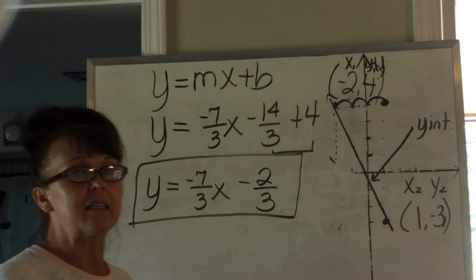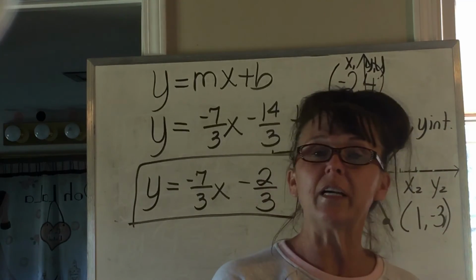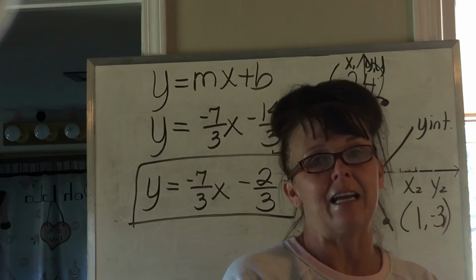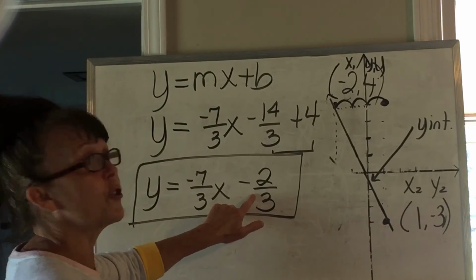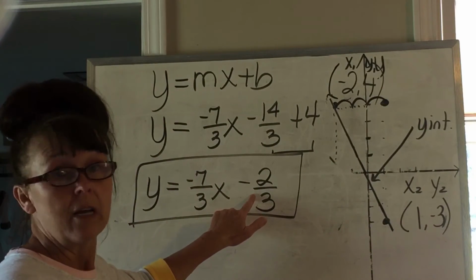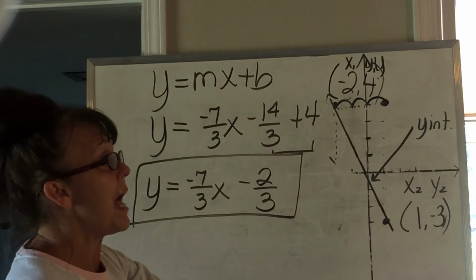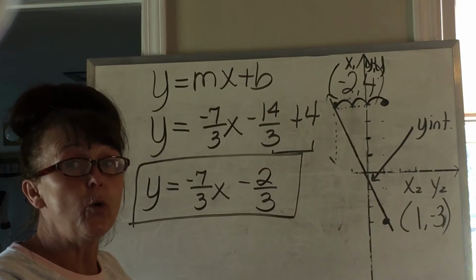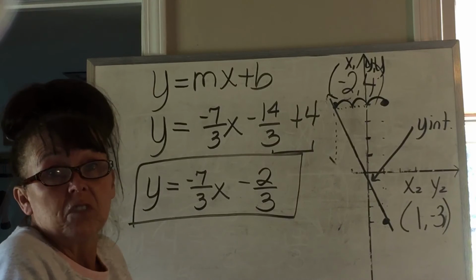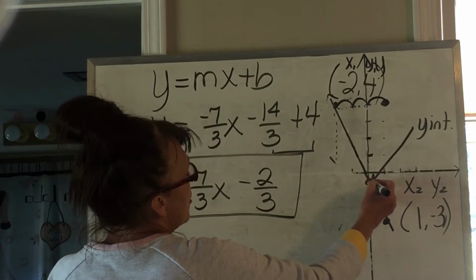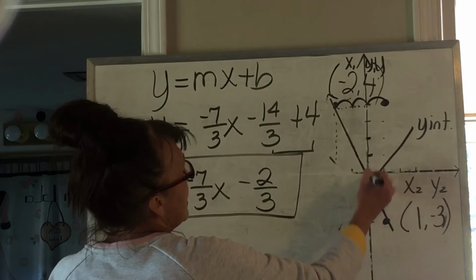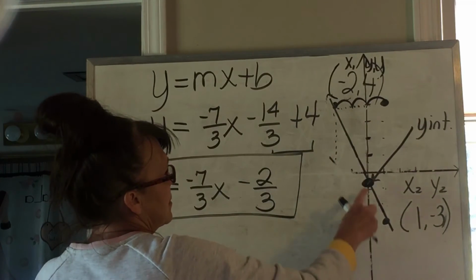Now, when we did this earlier in the year, I said, quick check it, see if it makes sense. Because we know this last number is called your y-intercept. It's where your line goes through the y-axis. So let's just see if we're in the ballpark. Look at where your line is going through your y-axis.